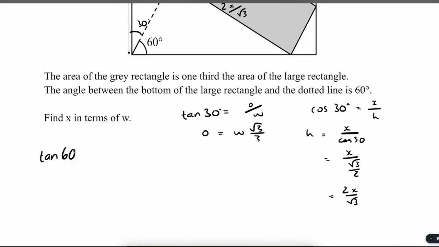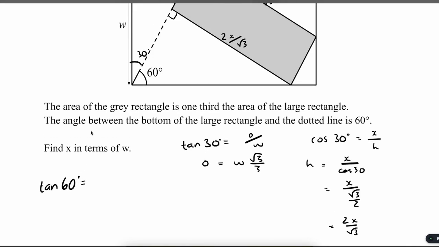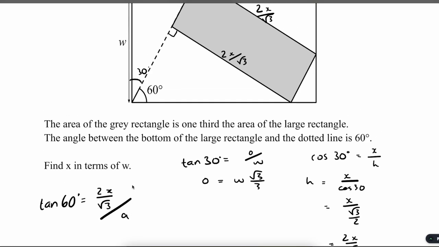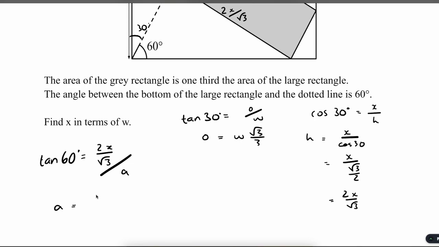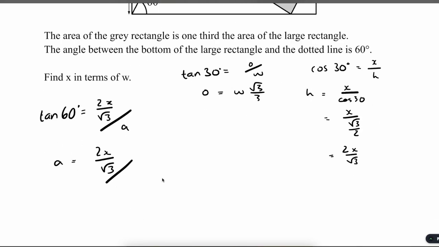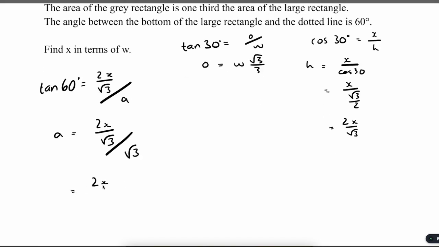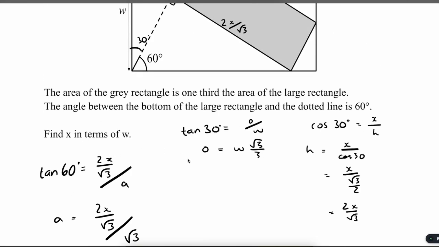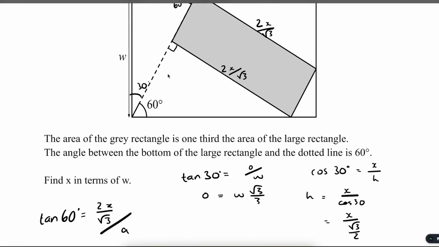So tan 60 degrees equals opposite, which is 2x over root 3, over the adjacent, which we'll call A. So adjacent must equal 2x over root 3 over tan 60, which if you know your exact trig values, is root 3. So that's 2x over 3, because you divide by root 3 twice, you're dividing by 3. So this adjacent side is 2x over 3.